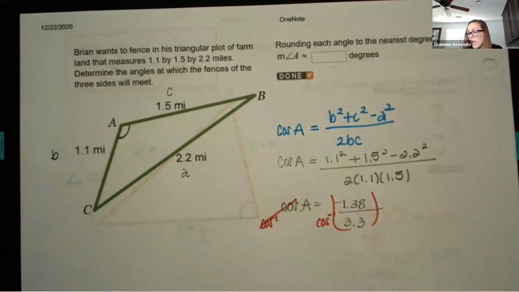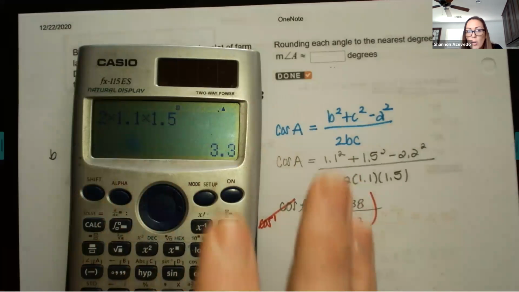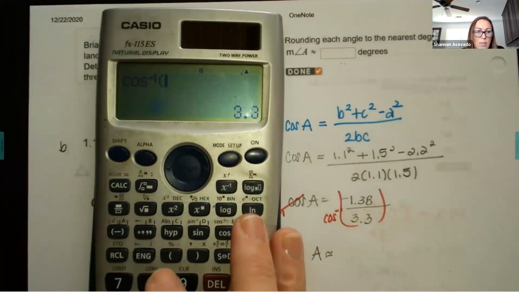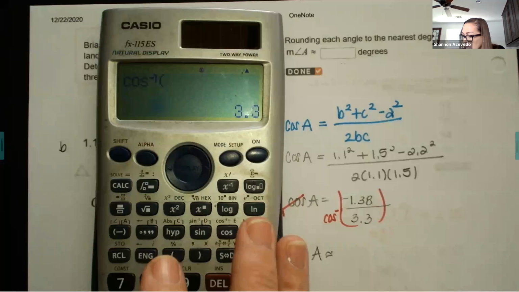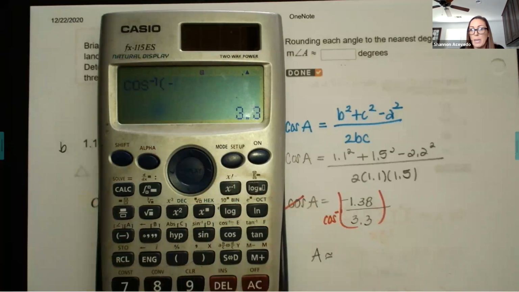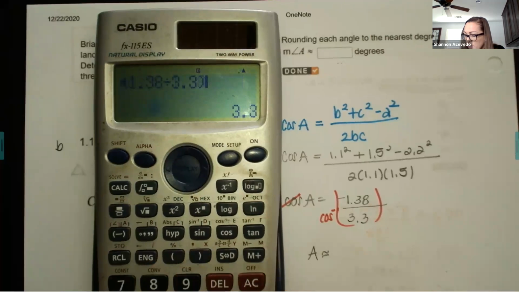So this tells me then that my angle A is going to be approximately, I go to my calculator and I do shift my cosine button. That's how I get my cosine inverse. Negative 1.38 divided by 3.3.